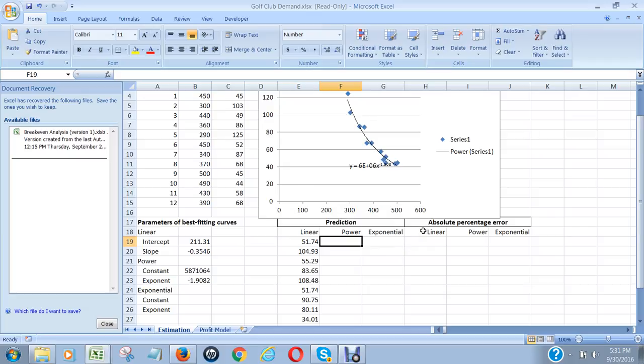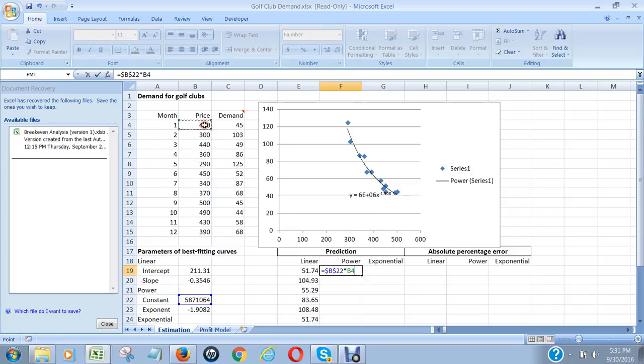So to arrive at that prediction, I would go this, and I'm going to press F4 on my keyboard in order to make this an absolute value, multiplied by that, raised to the power of this exponent. And that is the prediction based on a power function.